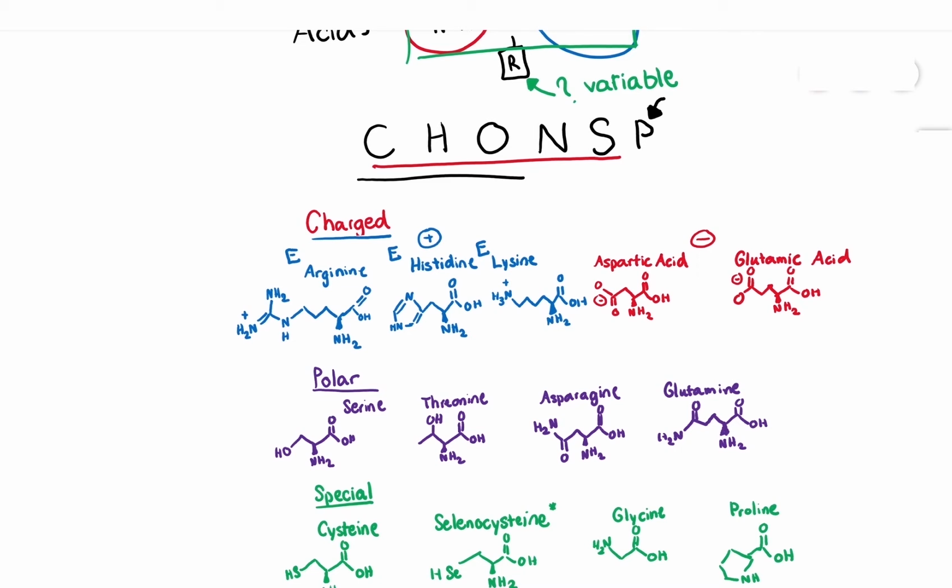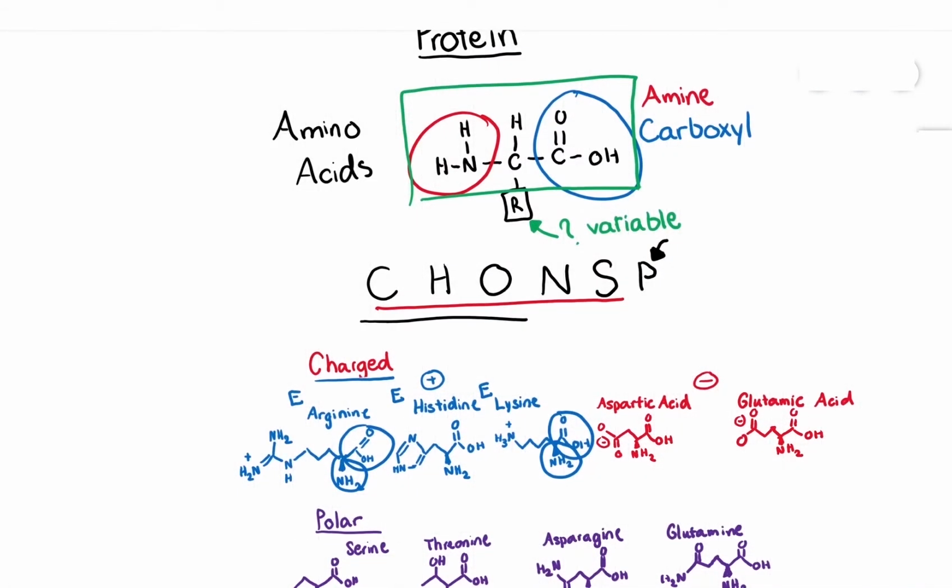Now, if you look at these structures as well, you can also tell that there is the amine group at the bottom and the carboxyl groups on the sides. And this is different from the way I drew it initially, and this is just so we can highlight exactly what these subgroups are.